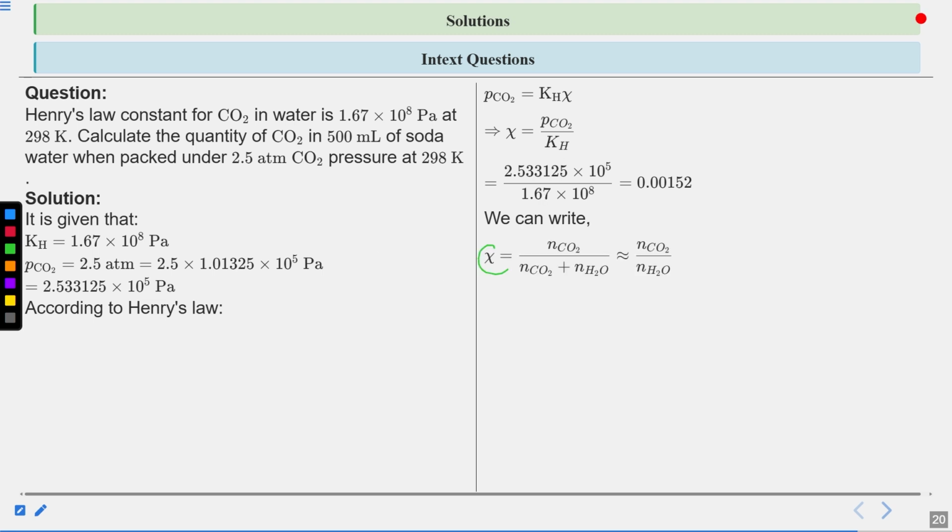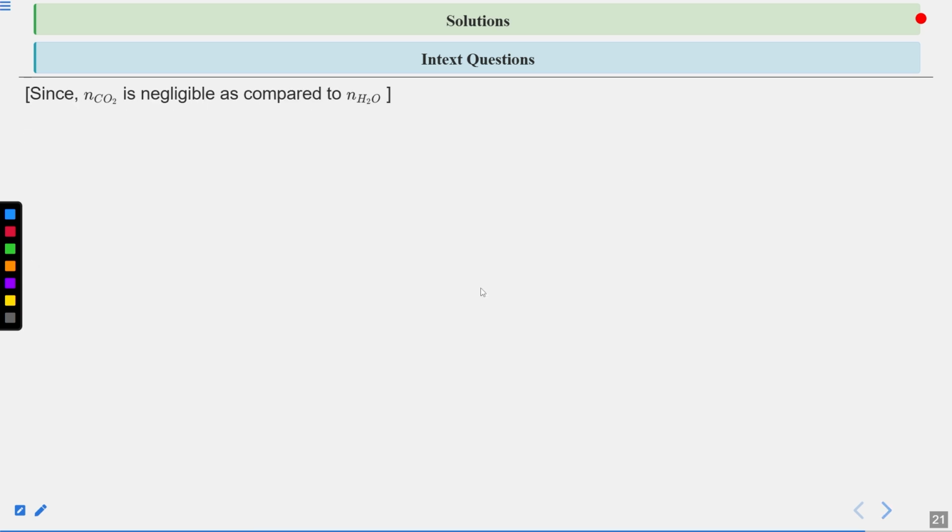Now, chi can be written as the number of moles of CO2 by total number of moles. Since the amount of CO2 is very small, we can neglect it and write the equation as number of moles of CO2 by number of moles of water. We have chi, and we have the ml of soda. Since CO2 is not much compared to the water, we have already ignored it.